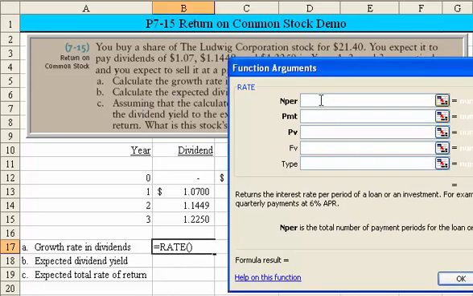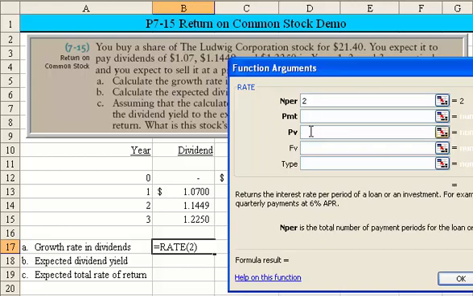The number of periods is 2 because we're tracking the dividend growth from period 1 to period 3. So the net number of periods is 2.